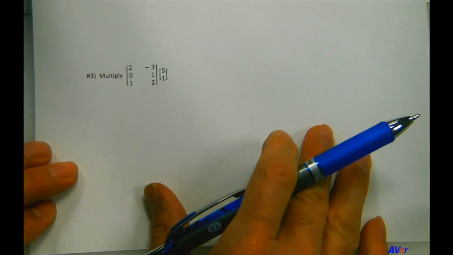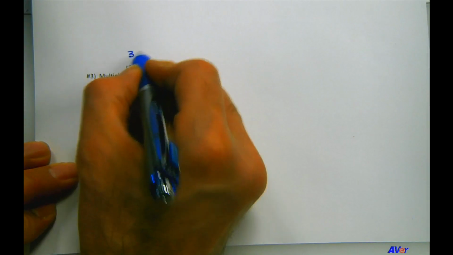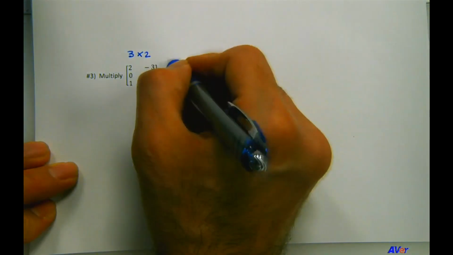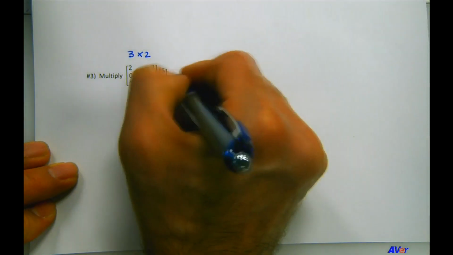So let's look at these two, the product of these two matrices. Let's check and see if this product is possible. So the first matrix is, what is the size of this matrix? It is 3 by 2. Right? How about this one? That matrix is 2 rows and 1 column, right?